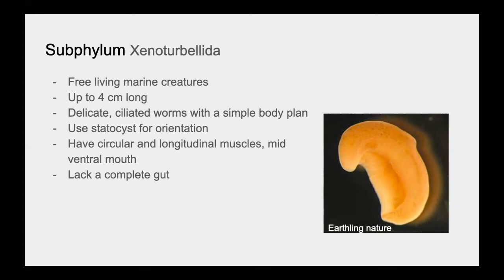The furrows contain what has been interpreted as a high concentration of sensory cells. They also lack a complete gut, organized gonads, excretory structure, coelomate cavities, or a well-developed brain. This subphylum has a circulatory and longitudinal muscle mid-ventral from the mouth. As you can see on the slide, I included an image from Earthling Nature, and you can see it also has a hump-like shape on the subphylum.